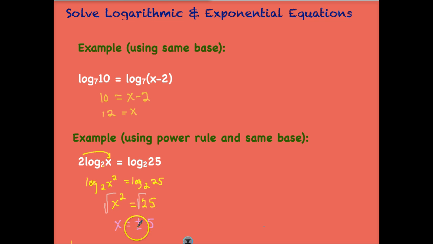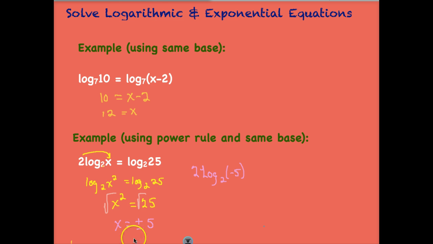We always need to check our answers, especially when we have plus or minus, to make sure they both work. For the 5, if we plug a 5 in here, 5 squared is 25 and these equal each other. But remember what we said, if we plug in a negative 5, we have 2 times the log base 2 of negative 5. Negative 5 cannot be the object because our object cannot be negative.